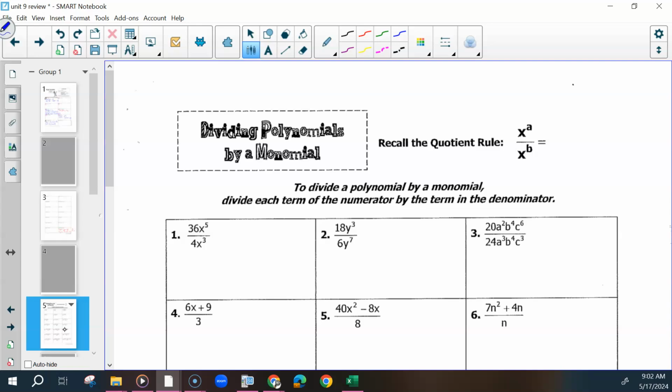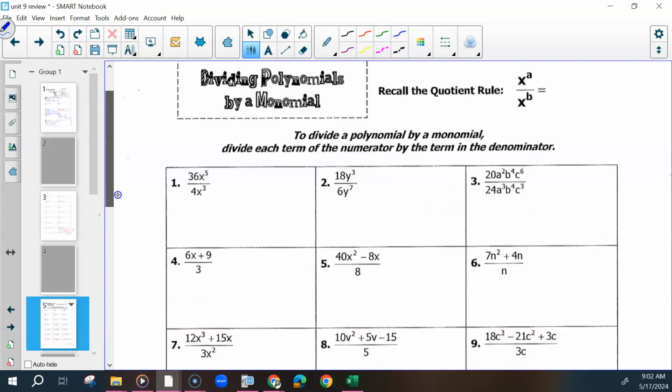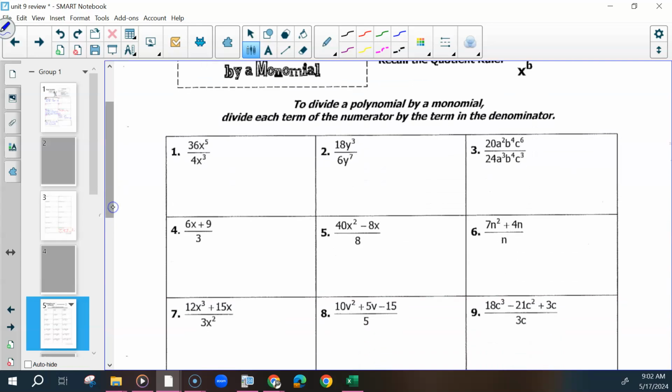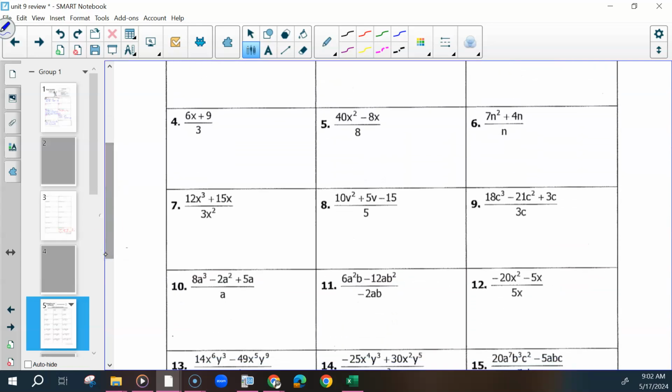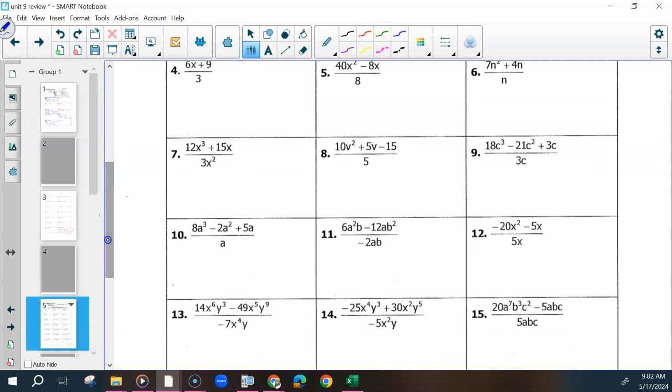Number 7. With each of these, you can do this one of two ways, either by separating it or by factoring out the GCF of the numerator. So I'll do this one by separating, the next one I'll do by factoring, and then we'll choose.